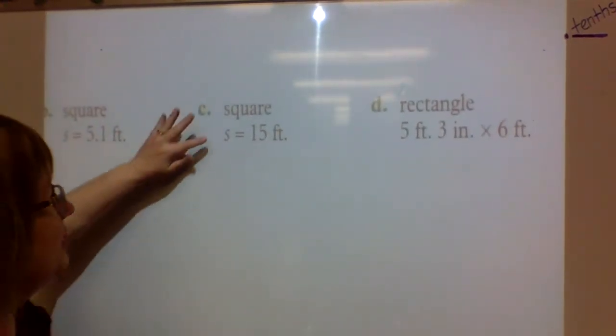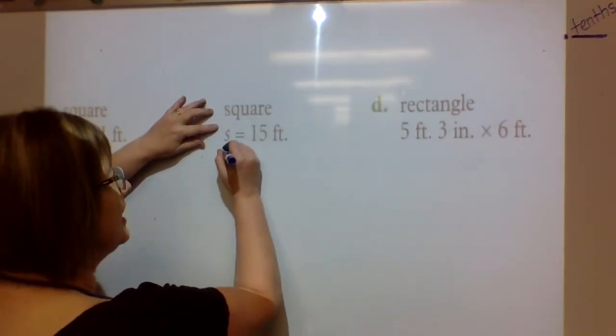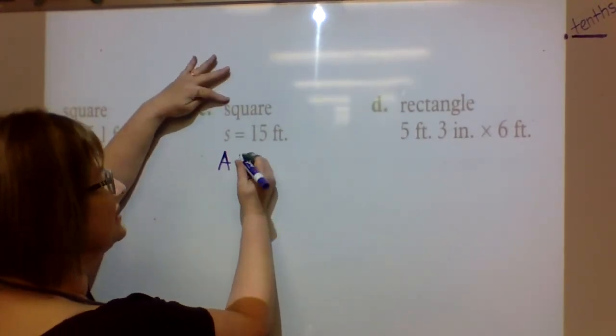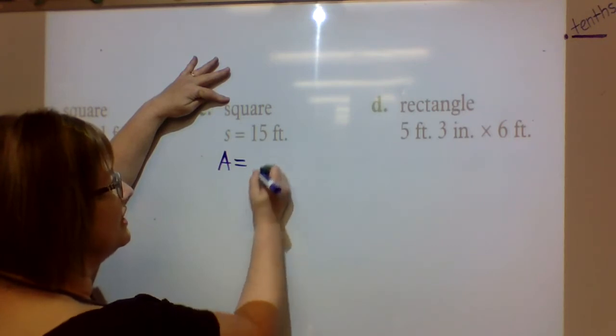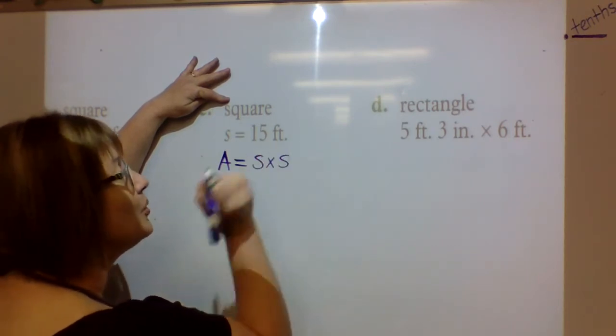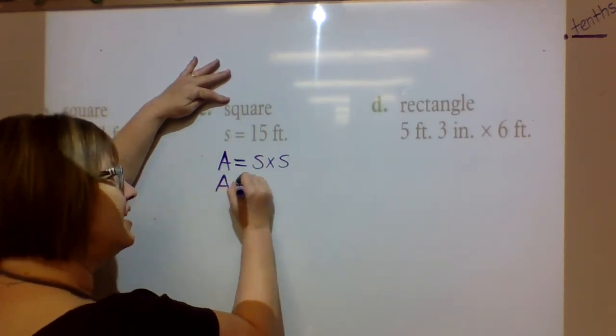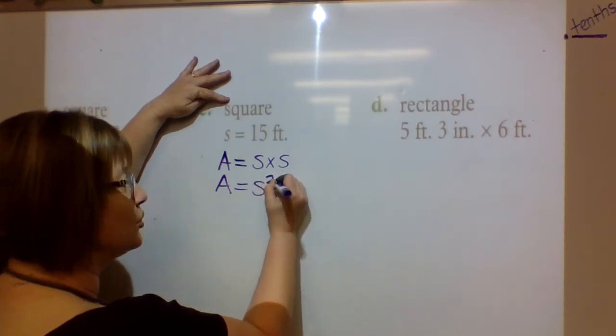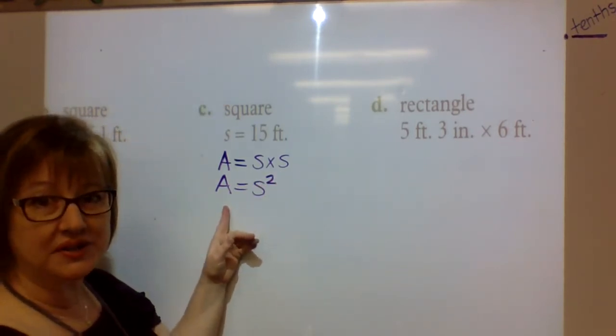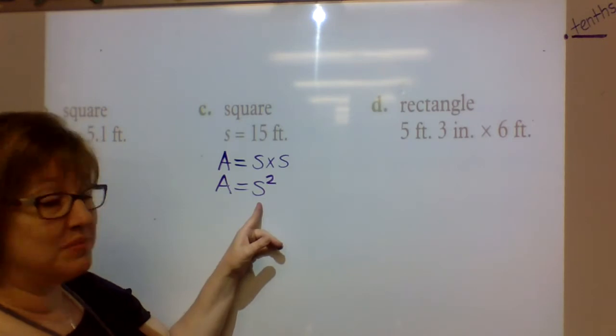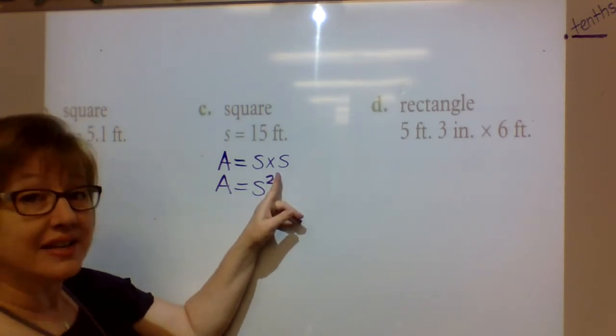Okay, so for 15, for C, square, area of a square is side times side, or we can say area of a square is side squared. That's what I skipped over yesterday. Side squared, because side squared means side times side.